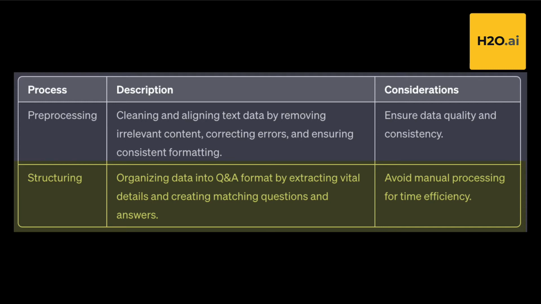In this context, each fragment of data is transformed into a question-answer combination. This procedure involves extracting vital details from the text and creating questions that align with the given answer. Undertaking this manually isn't advisable, as it consumes a significant amount of time that could be more productively allocated to other meaningful endeavors.